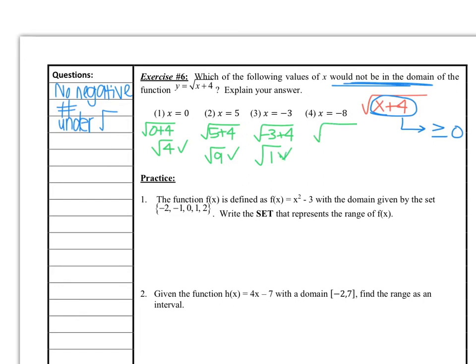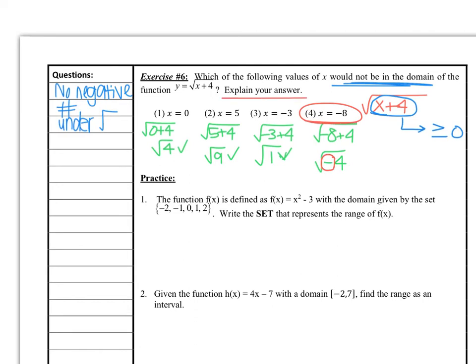But when I test this one, negative 8 plus 4, this gives me square root of negative 4. This is not okay because there's a negative underneath overall. So when x equals negative 8 is plugged in, we get a negative number under the square root.